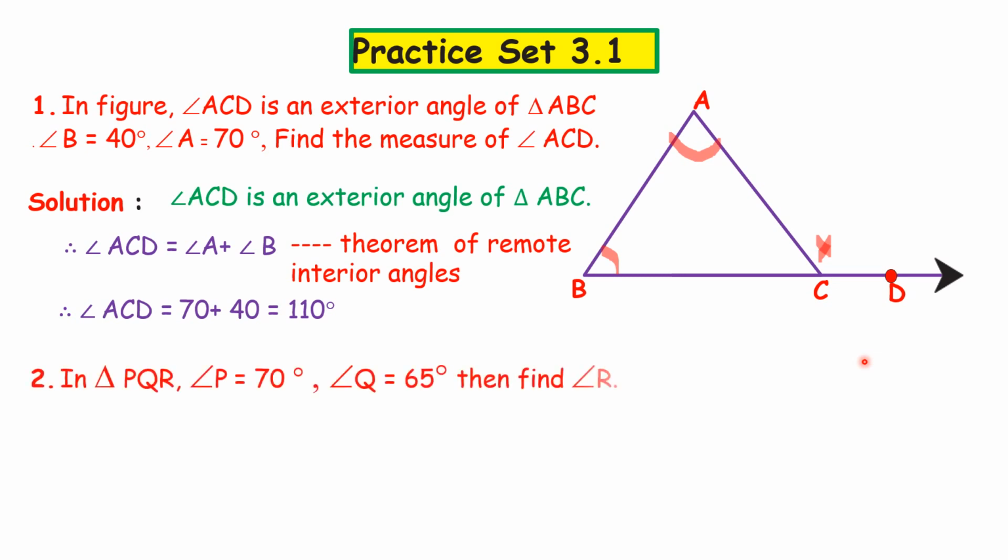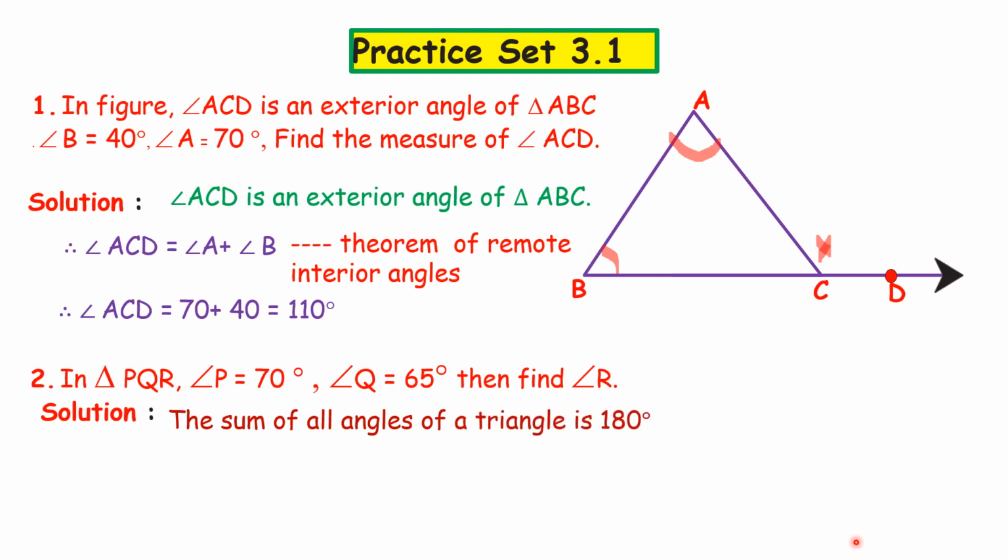Now here I take the second example. In triangle PQR, angle P is equal to 70 degrees, angle Q is equal to 65. Find R. Solution. The sum of all angles of a triangle is 180 degrees. Therefore, angle P plus angle Q plus angle R is equal to 180 degrees.